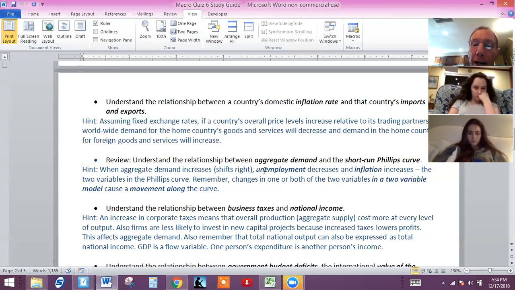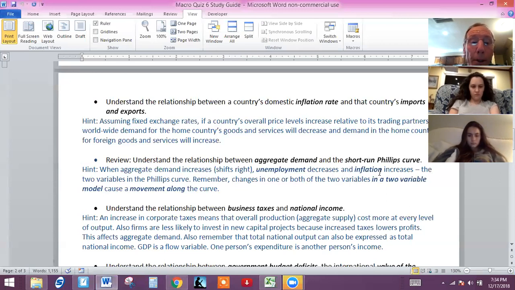The variable on the horizontal axis of the Phillips curve is unemployment, and the variable on the vertical axis is the inflation rate.